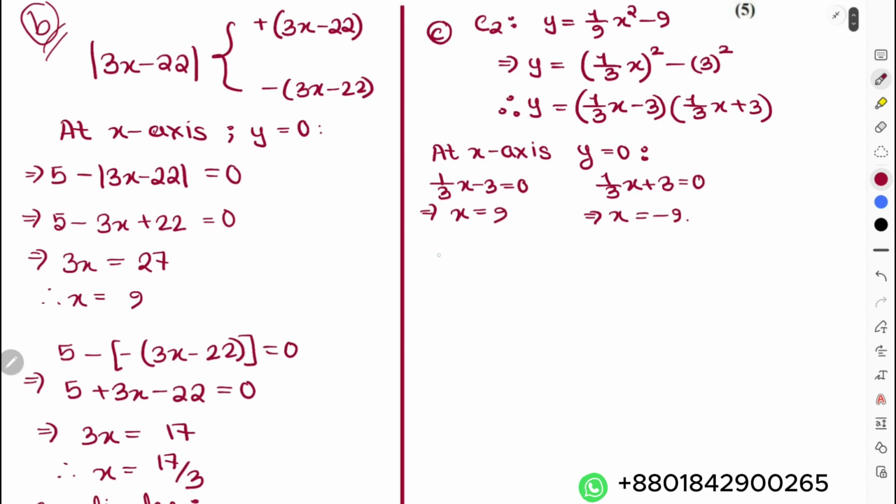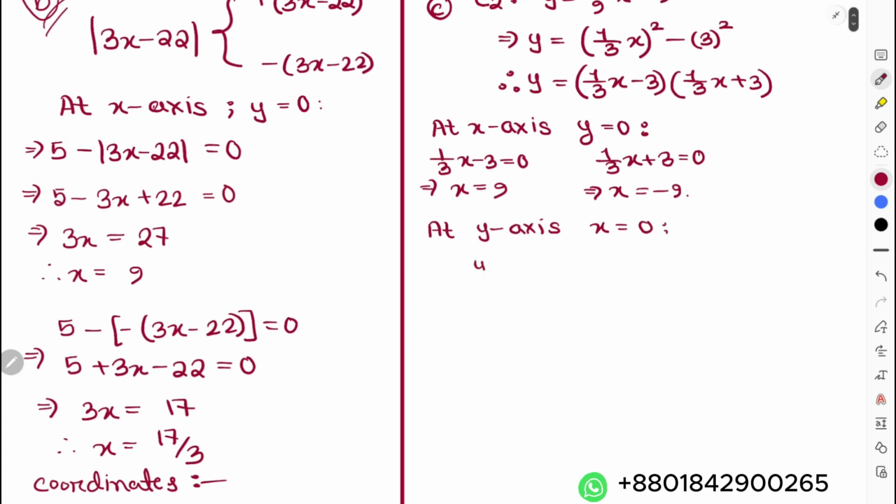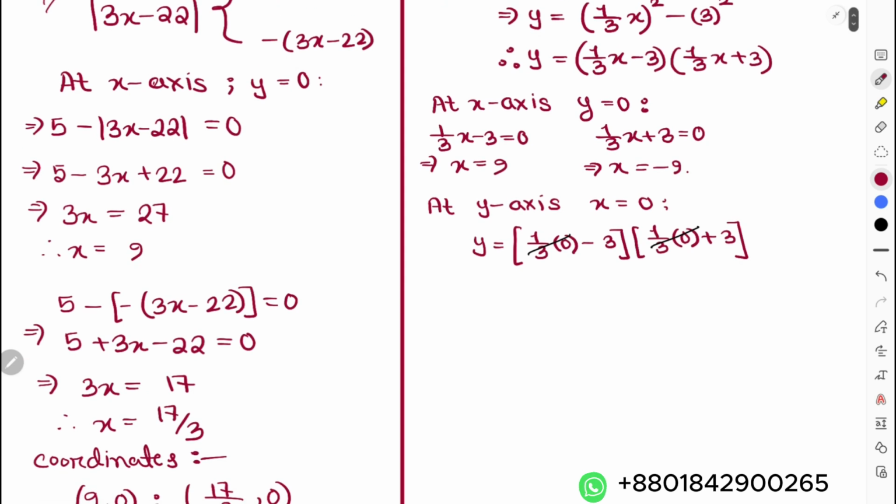So these are your 2 points. Then we can write at the y-axis, when x is equal to 0, then y equals 1 by 3 times 0 minus 3, and 1 by 3 times 0 plus 3. From there, the 1 by 3 terms cancel out, and you are left with minus 3 and plus 3, which is going to give you minus 9.